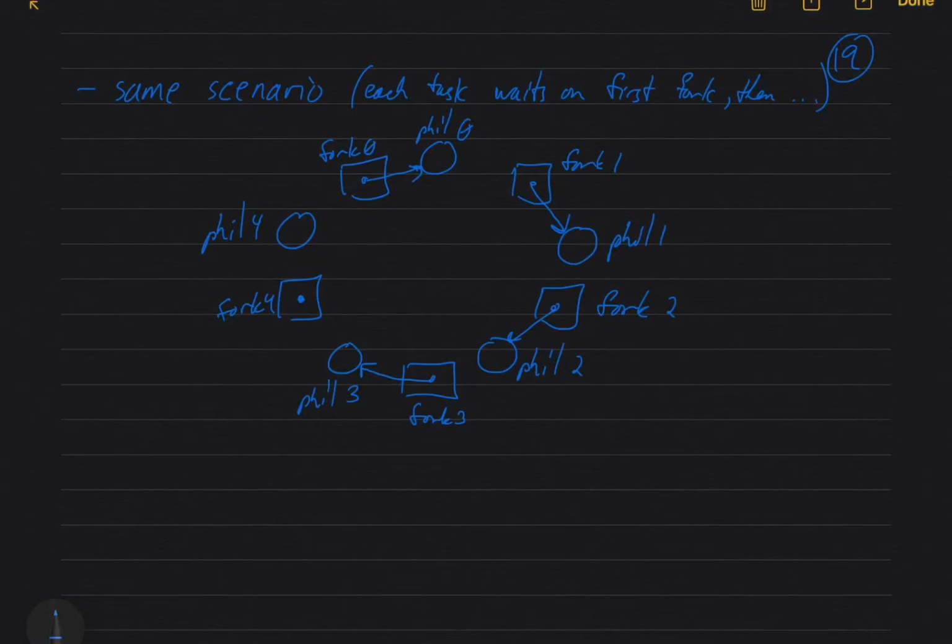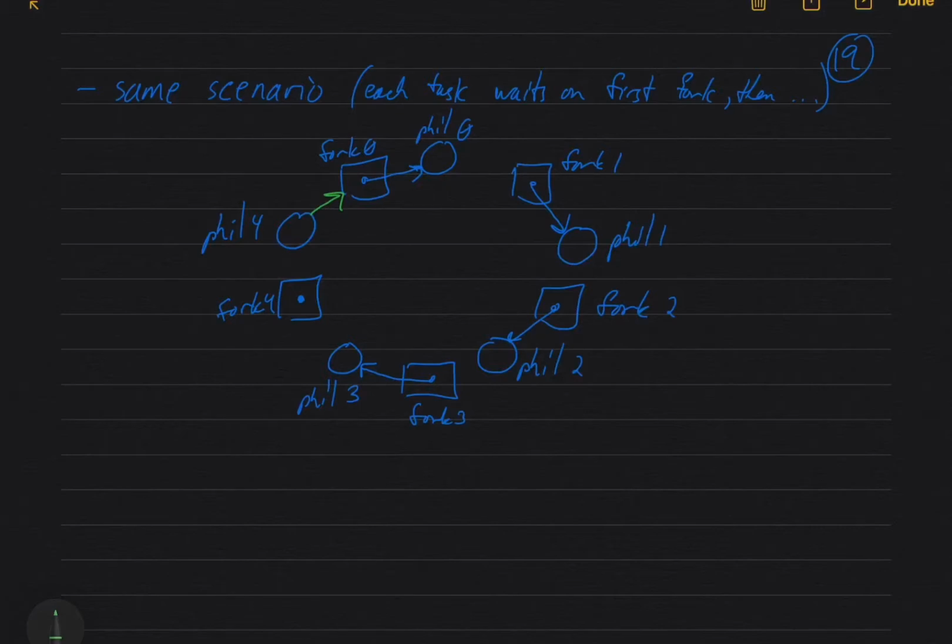So now philosopher 4, before we had them acquiring fork 4, this time they are trying to acquire fork 0 first. And so philosopher 4 is going to be waiting on fork 0. It hasn't acquired fork 0.